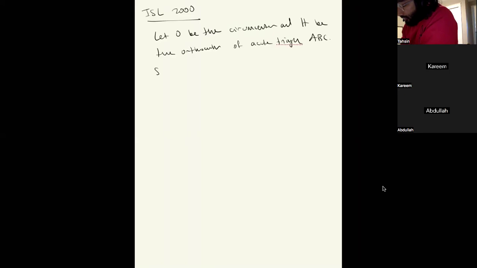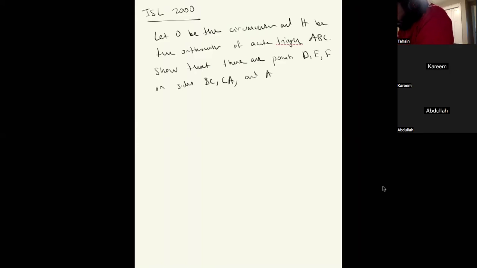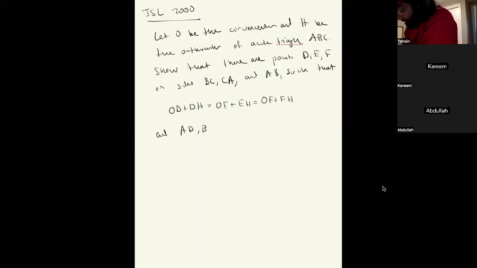Show that there are points D, E, F on sides BC, CA, and AB such that OD plus DH equals OE plus EH equals OF plus FH, and AD, BE, CF are concurrent.